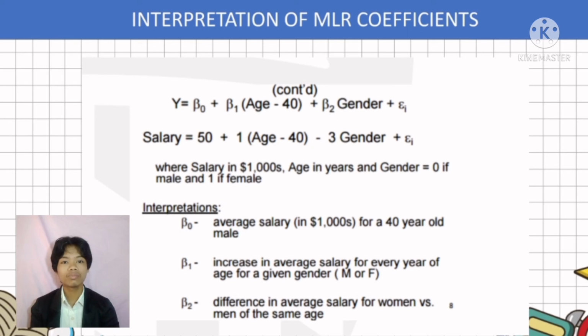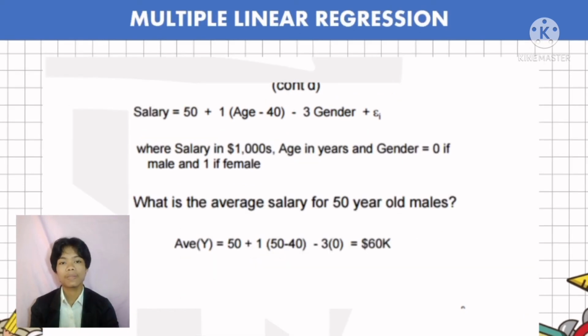Beta sub 0 is the average salary in $1,000 for a 40-year-old male, beta sub 1 is the increase in average salary for every year of age for a given gender, and beta sub 2 is the difference in average salary for women versus men of the same age.